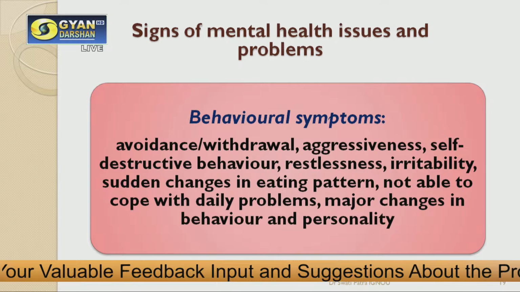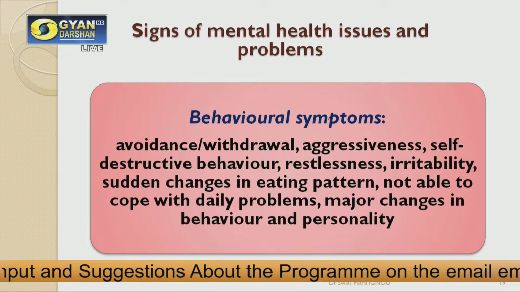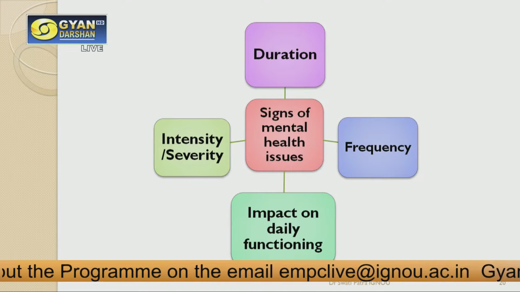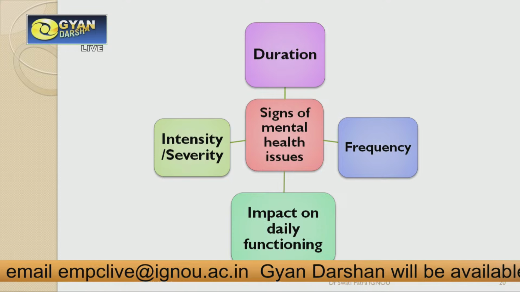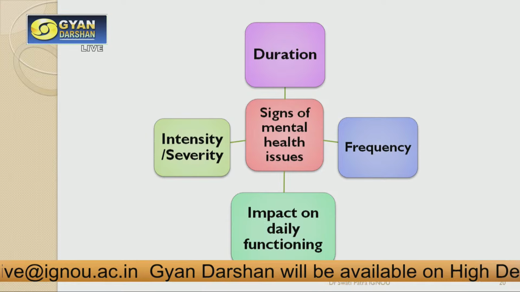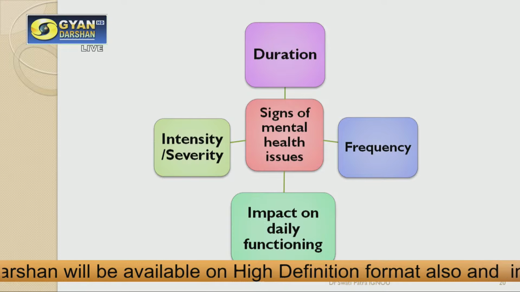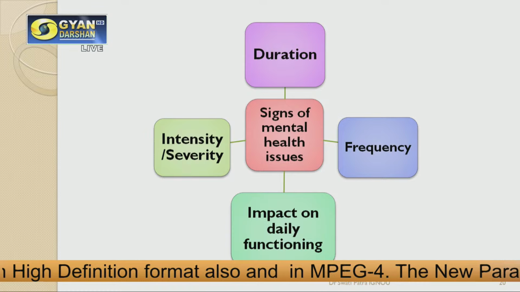It might not be, because we have to see what is the duration of these symptoms. Okay, so there are these four aspects that we need to focus on. What is the duration of these symptoms? What is the intensity or severity of these symptoms? Then what is the frequency of these symptoms, and how do these symptoms impact the day-to-day functioning of the individual?